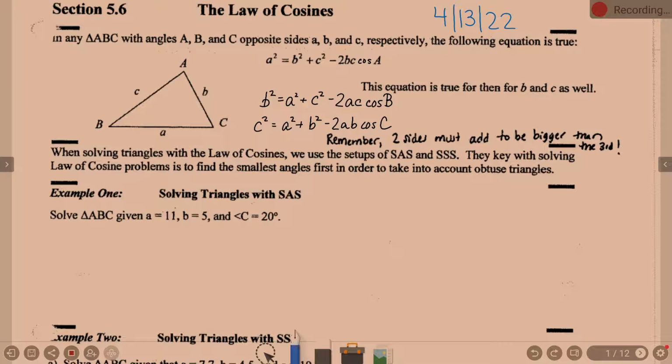The other 2 sides, like originally b squared and c squared, are also part of the 2bc. So there are some connections here, and as we use these more, they'll start to make more sense.